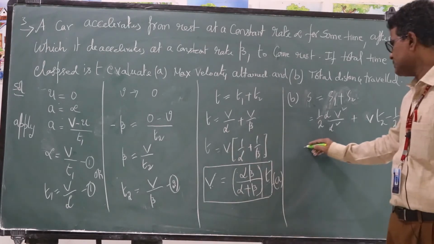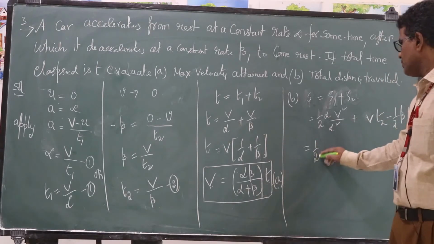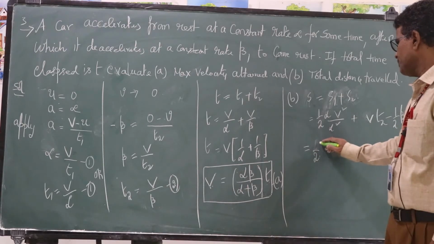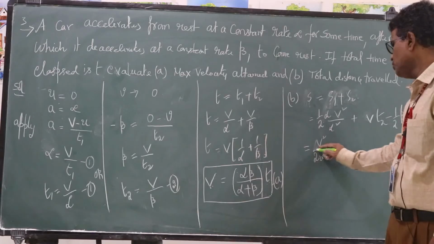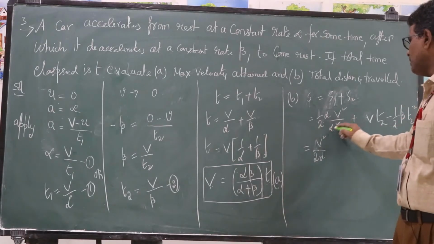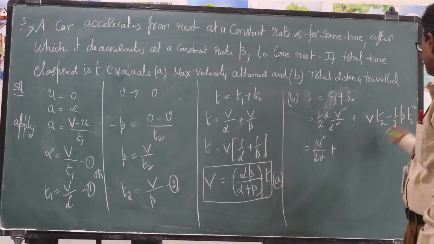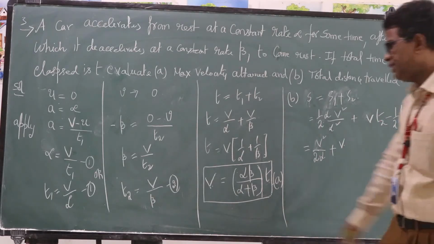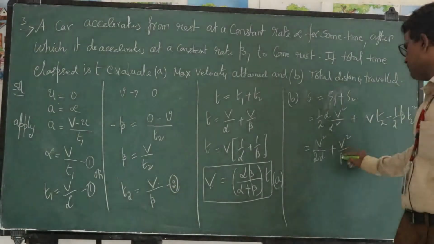V into t2, what is t2? T2 is v by beta, that is v square by beta.